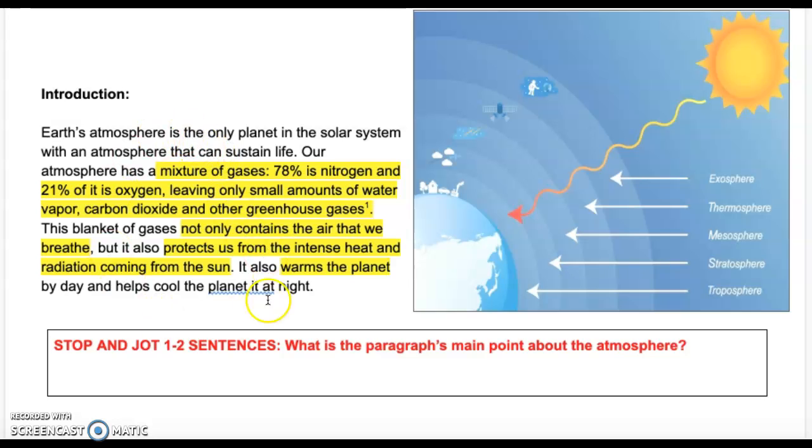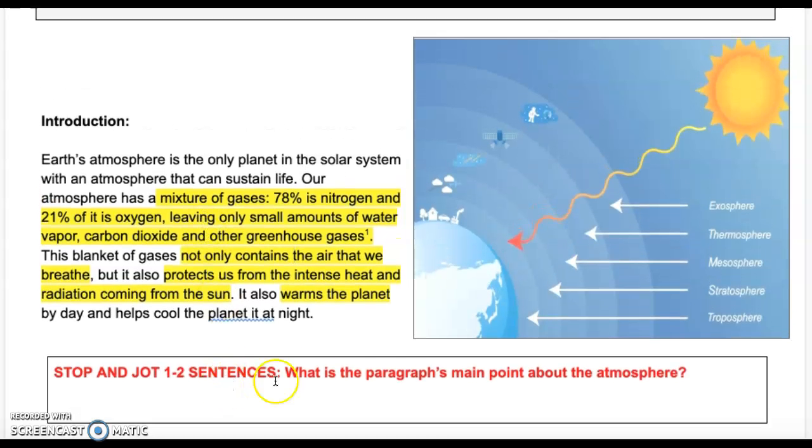Right, so you see that my highlights not only have little fragments of a sentence, but they highlight details that help answer this question, which is, what is the paragraph's main point about the atmosphere?